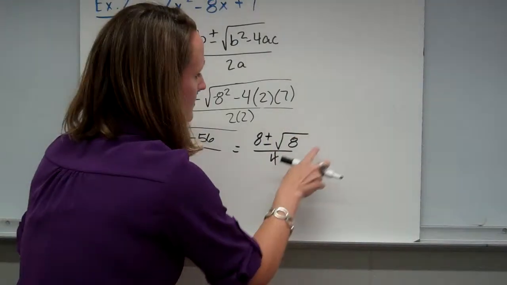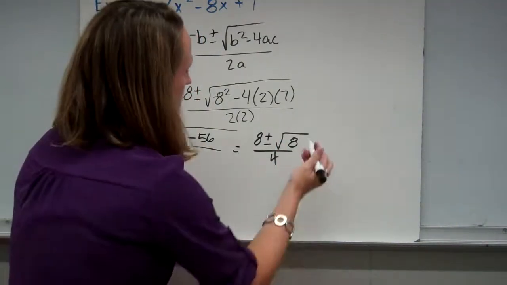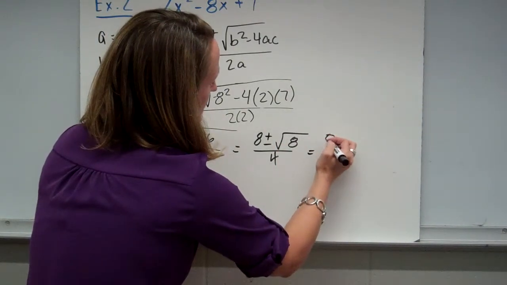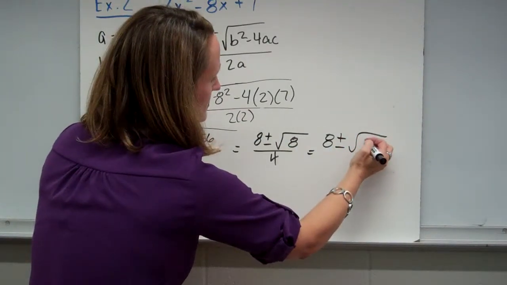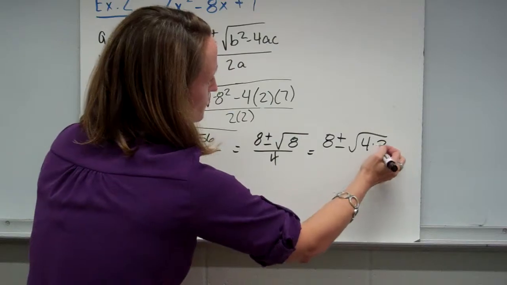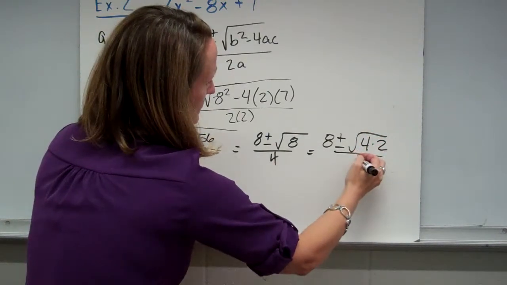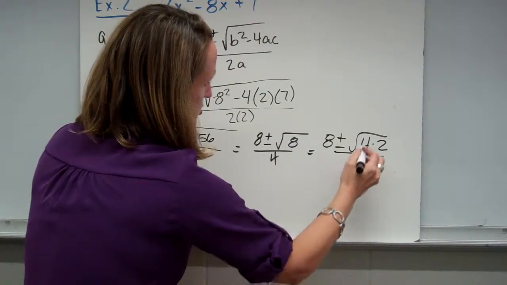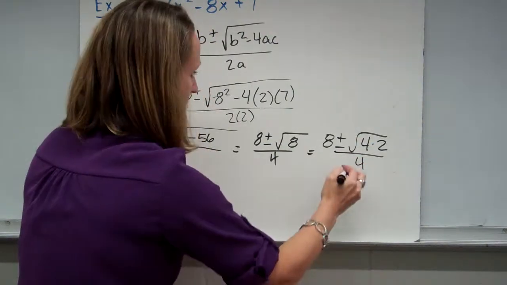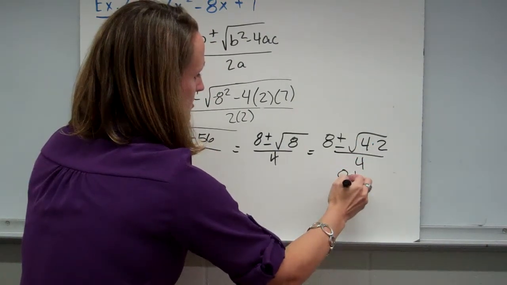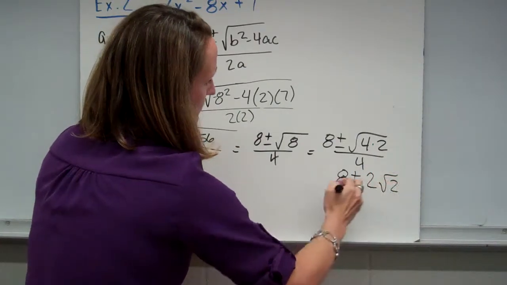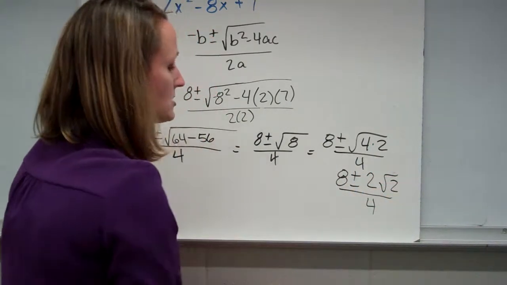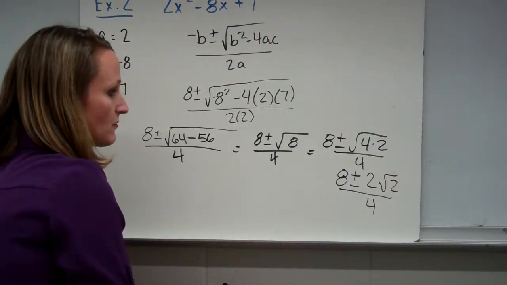Now, remember the other day when we talked about simplifying square roots? Let's put that in action. So we have 8 here, which is the same as 4 times 2. 4 is a perfect square, so this can come out. We have 8 plus or minus 2 square roots of 2. All right, so now we have some stuff we can work with.